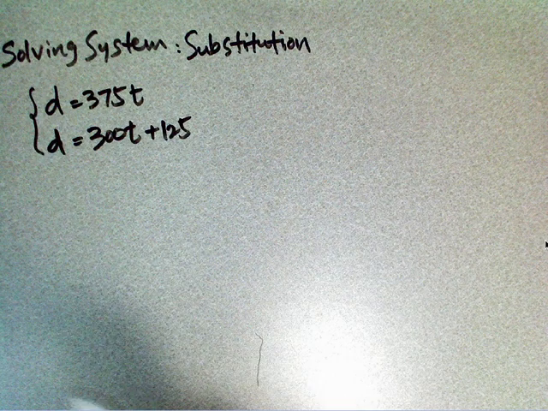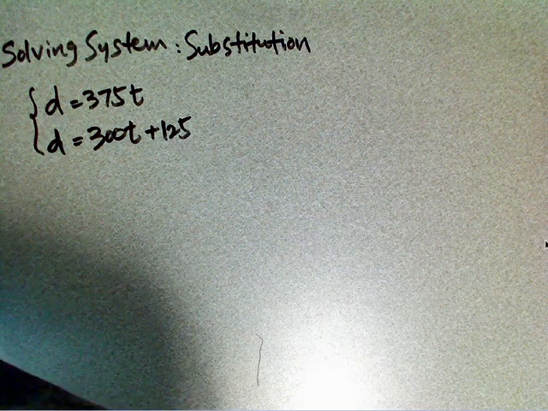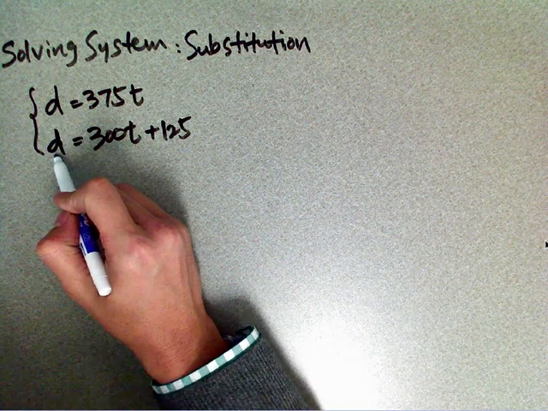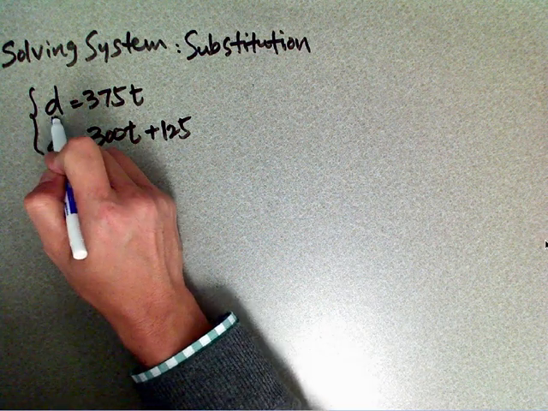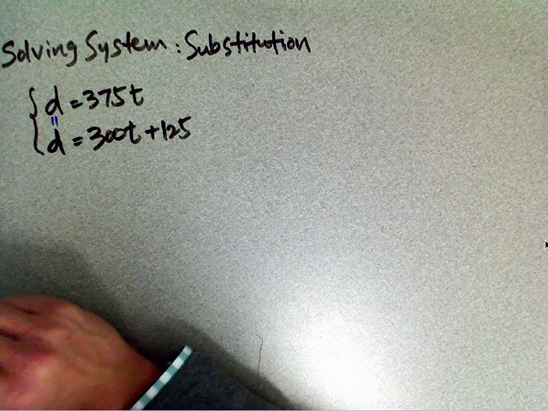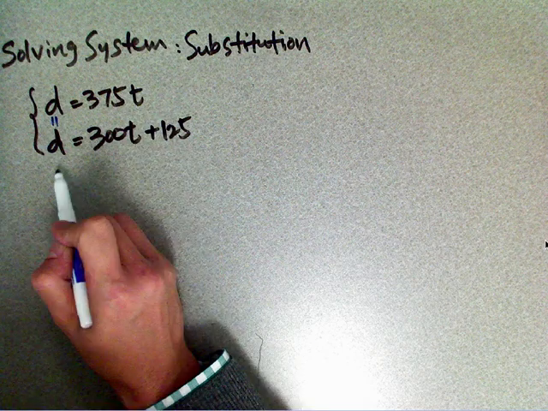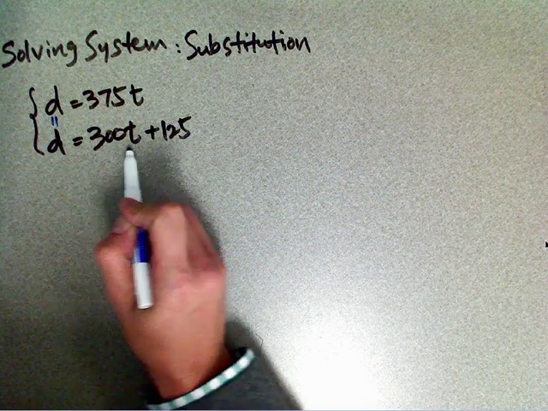So the first thing we need to take a look at is that this d and this d are the same number. So that means this d equals this d, and this d equals 375t, and at the same time this d equals 300t plus 125.